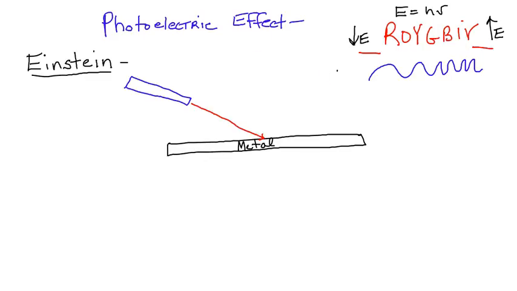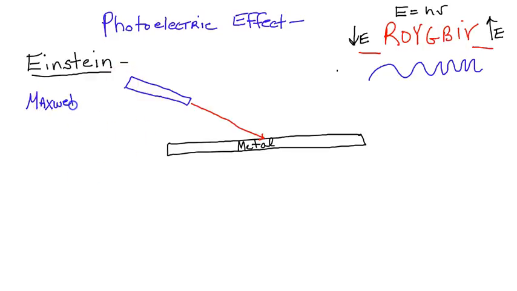Now, what really happened was a scenario like this. We would shine light on a metal and we would expect the light to eject electrons. But some metals did not eject electrons when you first shine the light, in this case red photons, individual photons, and there were no electrons. They didn't detect electrons. Classical physics was based upon Maxwell's equations, something I'm definitely not going to go over here, but Maxwell helped unify Faraday's work on electricity, magnetism, motion, and how light works.